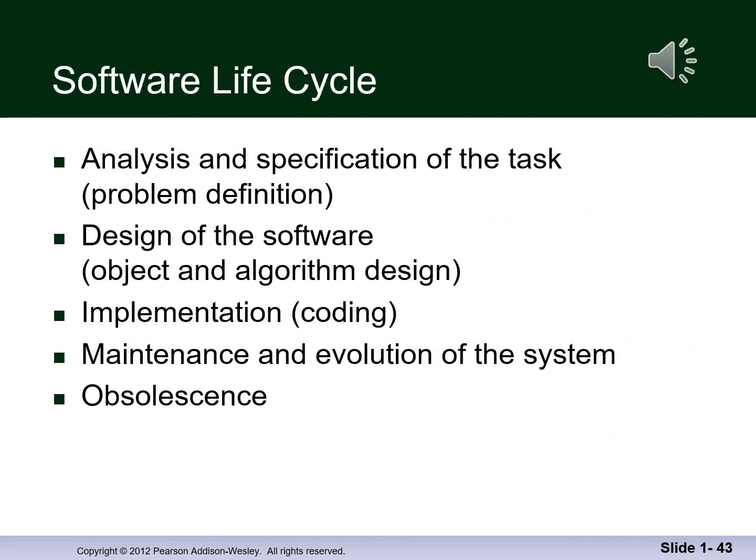If you've taken computer literacy at another college or at Camden County College, you've been exposed to the software development life cycle. Software has a life cycle, and there are some phases: the analysis and specification phase, where you define the problem, then you design the software, object and algorithm design if you're doing OOP, implementation, which is the coding, then the maintenance and evolution of the system as the organization's needs change or technology advances.